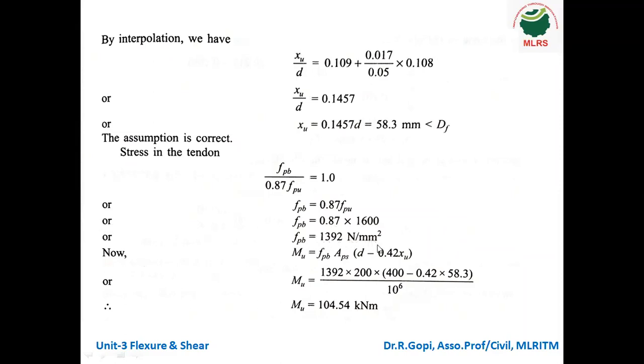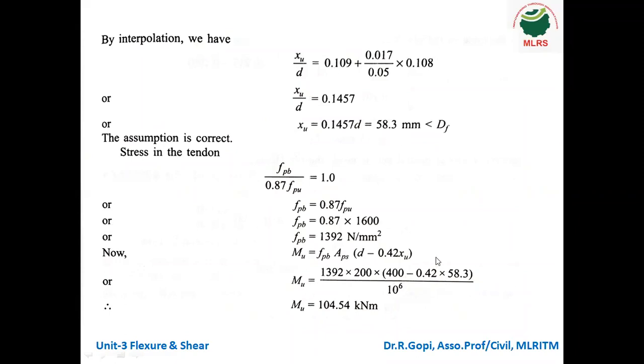This is the value. So MU is equal to FPB into APS into D minus 0.42 XU. FPB value we got 1392 Newton per mm square, APS 200, and D is 400, the effective depth. D is 400 minus 0.42 XU, and the XU value is 58.3.